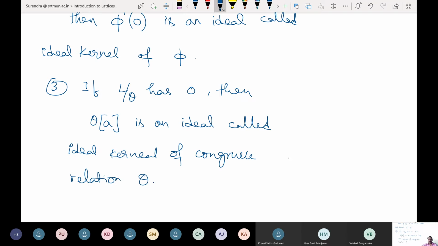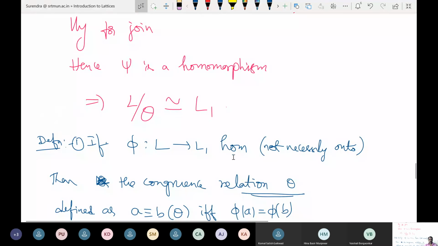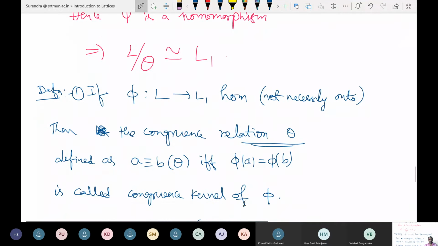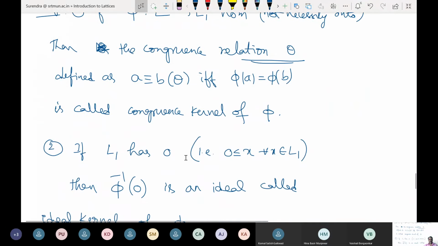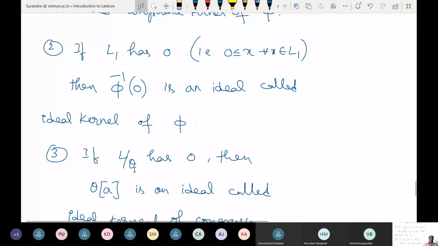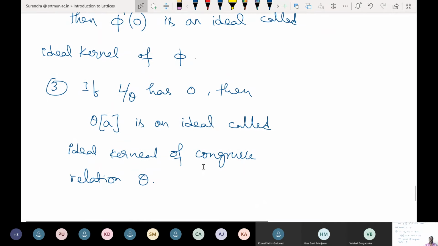So these are the few definitions one can observe when we have a map phi from L to L1. Then this theta, whatever we are defining here, is called the congruence kernel, and if at all this has 0, then phi inverse of 0 what we get is called the ideal kernel, and if at all this L modulo theta has 0, then this theta of A is called the ideal kernel of the congruence. Okay, fine.